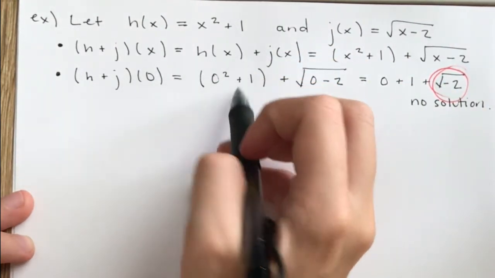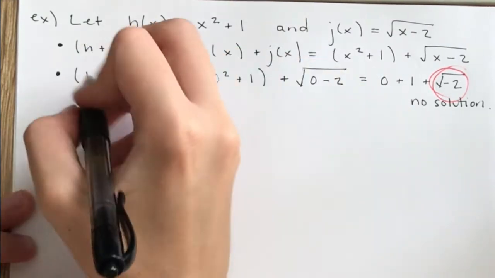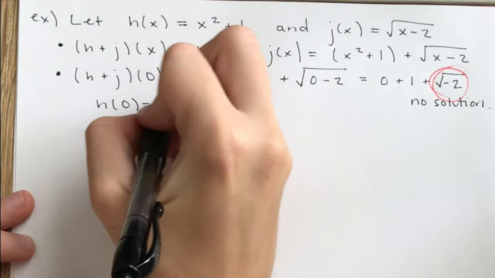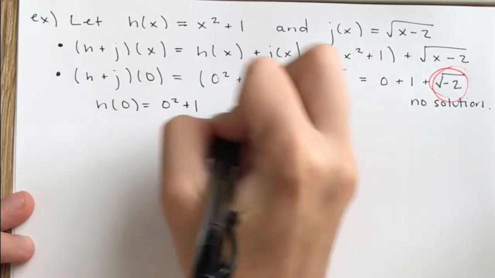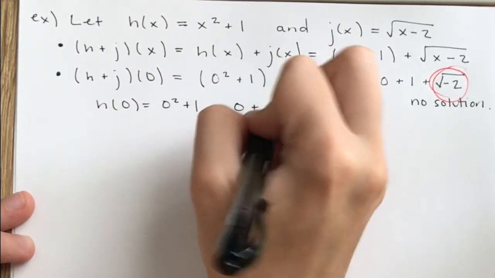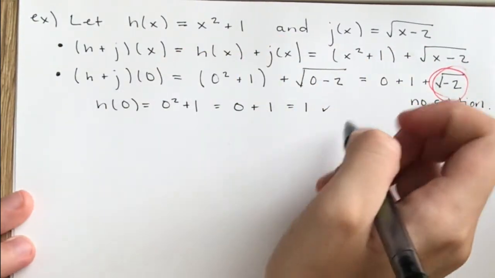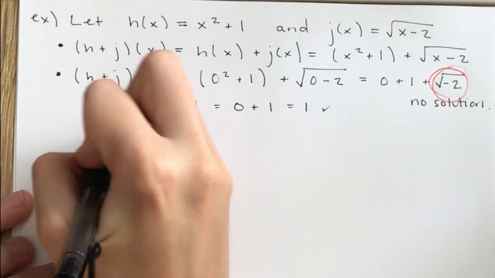So let's find h of 0 and j of 0. H of 0 is just 0 squared plus 1, right? Or 0 plus 1, which is just 1, so that's okay. So we've got h of 0. Let's find j of 0.